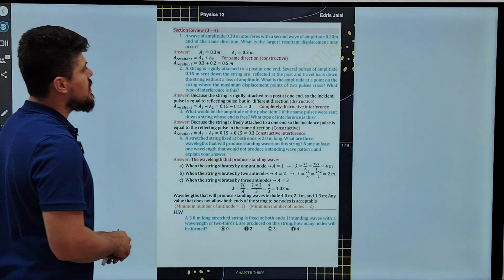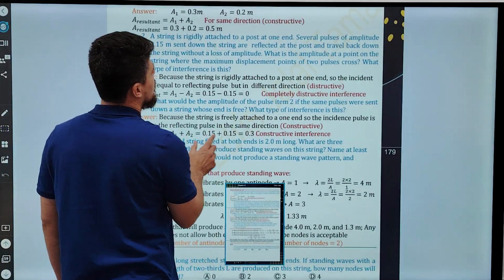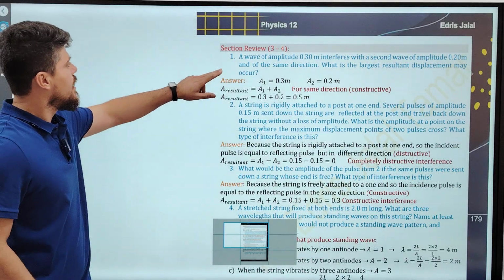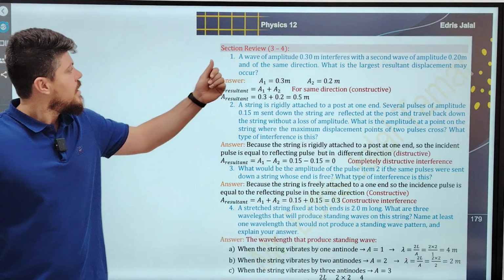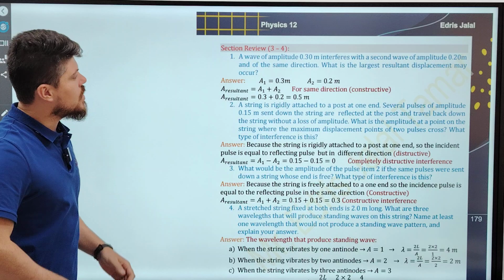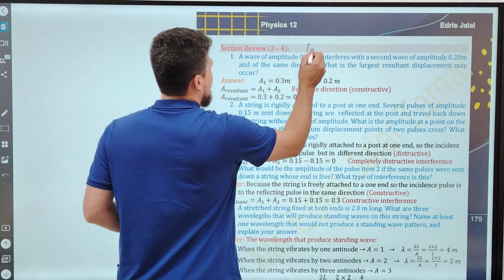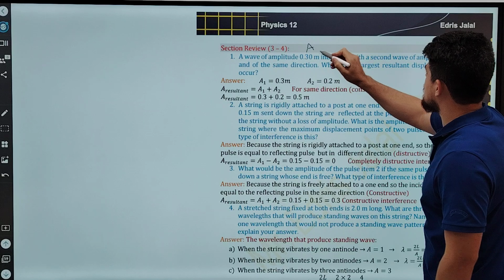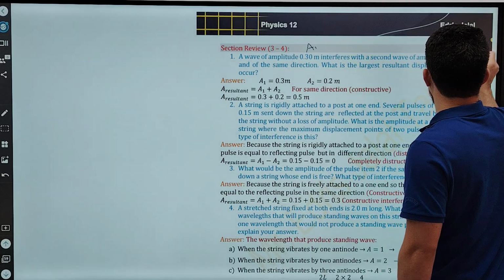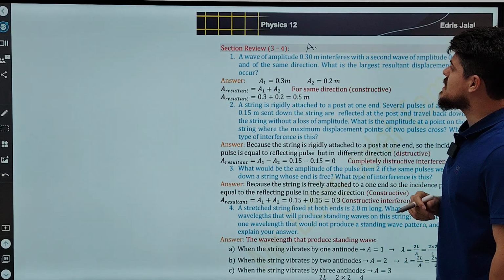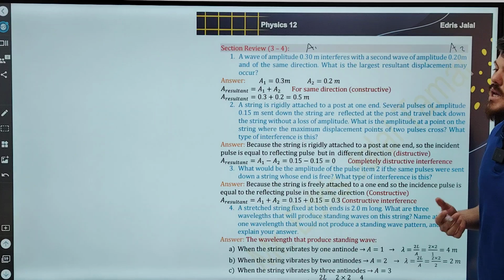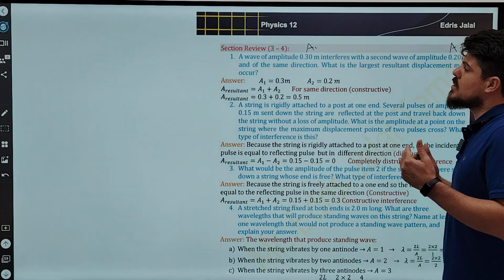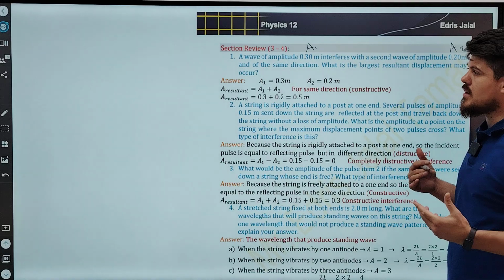We finished this section, and now we're gonna solve the questions of the section review, section 4 in chapter 3. Question 1: a wave of amplitude 0.3 meter, this is A1, interferes with the second wave of amplitude, this is A2, and of the same direction from equilibrium position. It means that both of the waves are crest or trough.